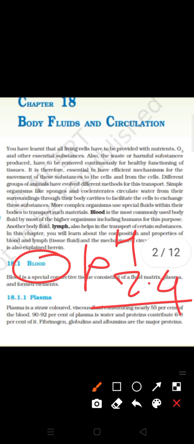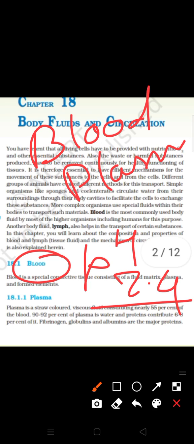So what is the pH of our blood? It is slightly alkaline, 7.4. Blood is basically composed of two things: plasma and blood cells.